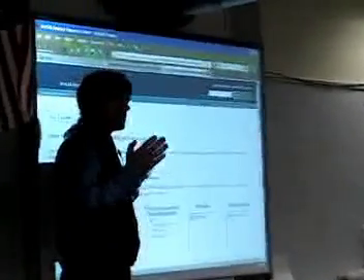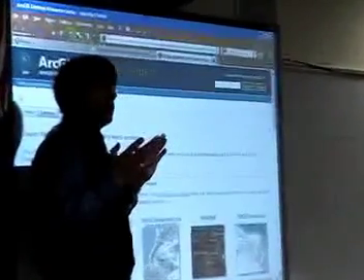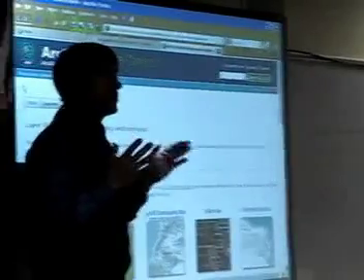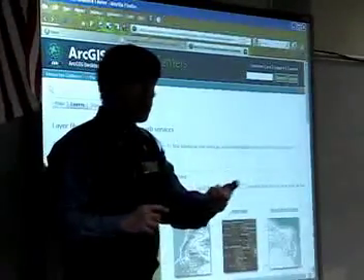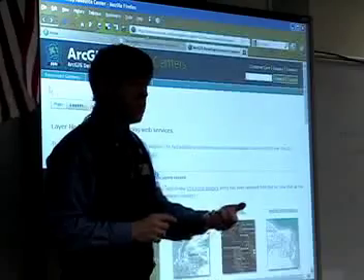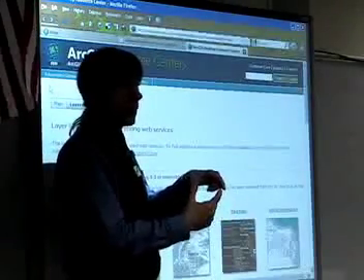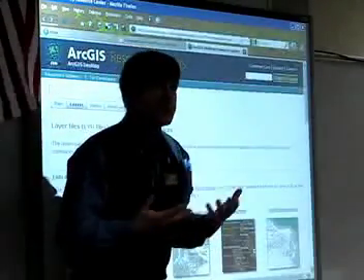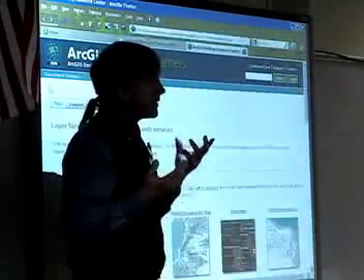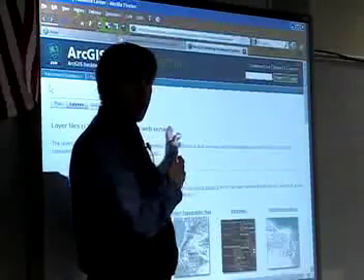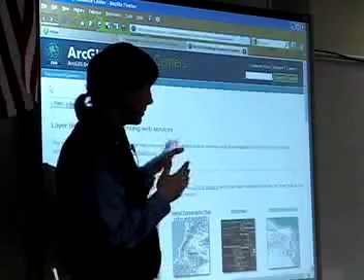And as I mentioned earlier today, there are several trends with GIS. One, GIS on mobile devices, right? GPS on your cell phone, GIS on a phone, etc. The second trend is GIS on the web, and that's what this is.